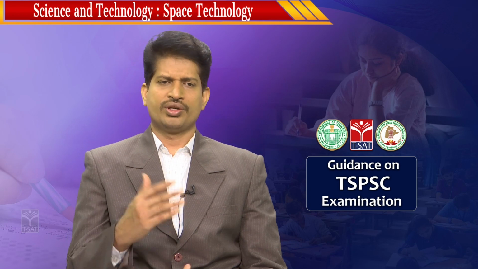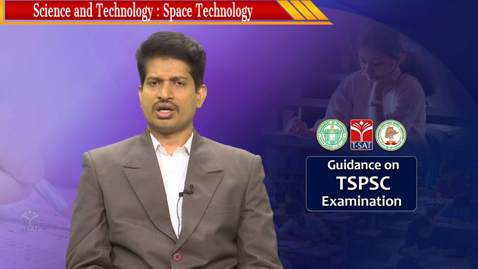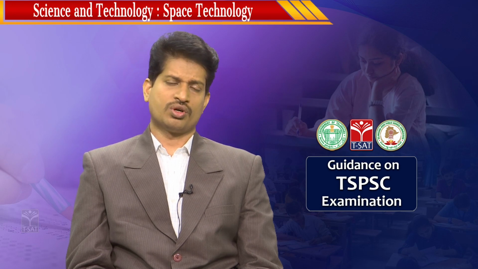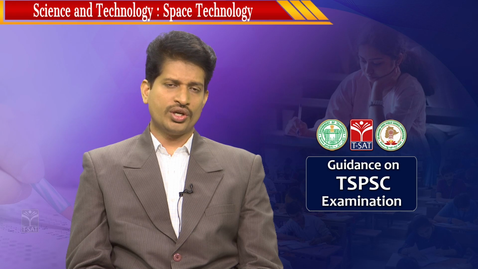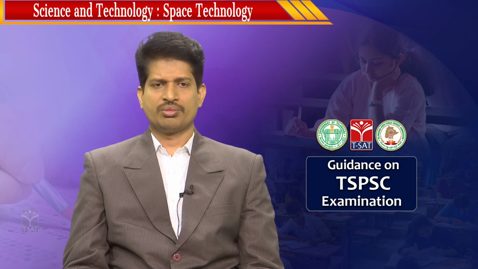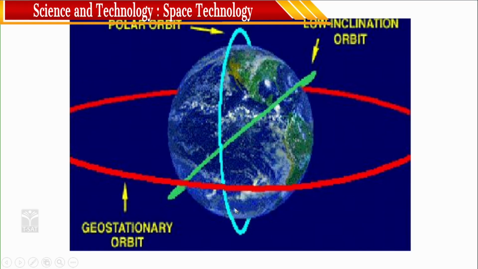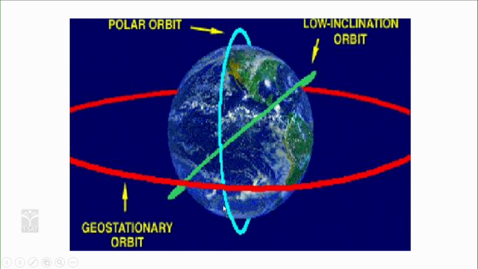Now I have explained the orbits. An orbit, as you know, is a circular or elliptical path through which a body moves. Depending upon the orientation of the orbits, they are classified. For example, this blue one is a polar orbit, where the satellite moves coherent with the North Pole and South Pole, known as a polar synchronous orbit.